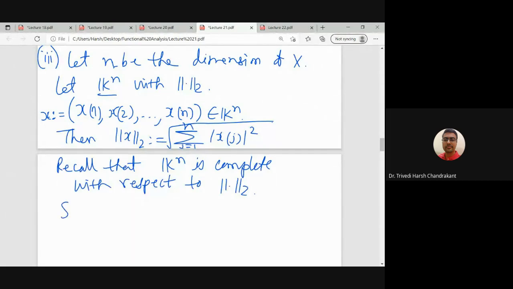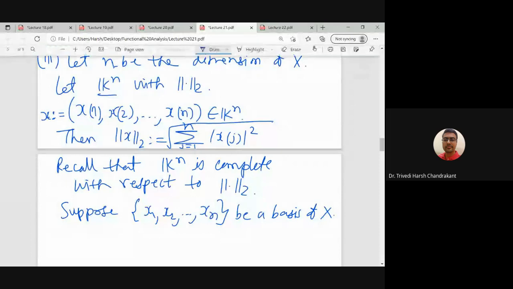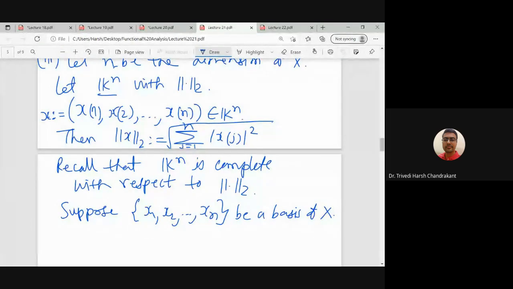So suppose x1, x2, ..., xn is a basis of X. So X is an n-dimensional vector space, so that means it has a basis consisting of n elements x1, x2, ..., xn. And we know that Kn has basis e1, e2, ..., en, right?